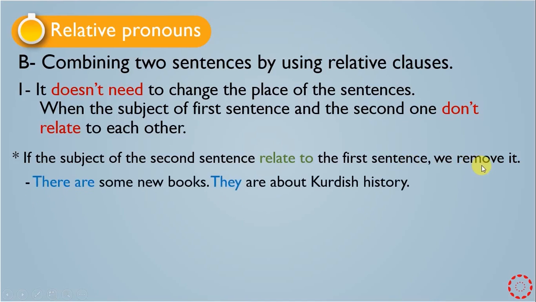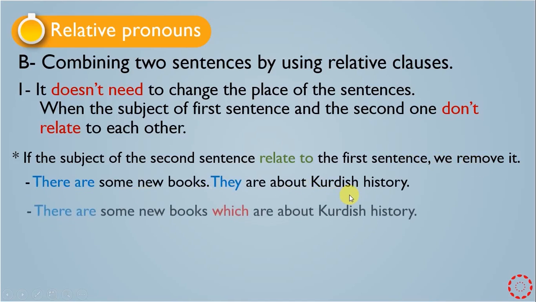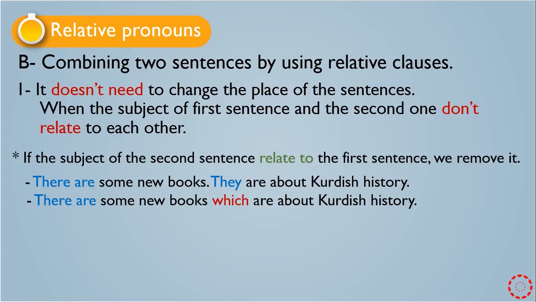Look at this example. There are some new books. They are about Kurdish history. In this example, we combine these two sentences by using relative pronouns. We say there are some new books which are about Kurdish history.